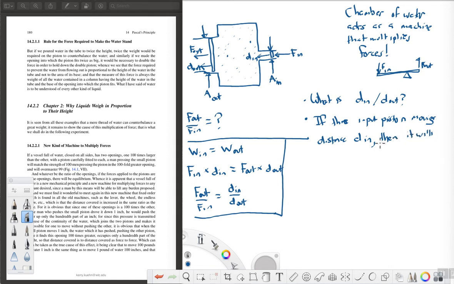It will move or displace a certain volume of fluid, right? And how much volume of fluid does it displace?